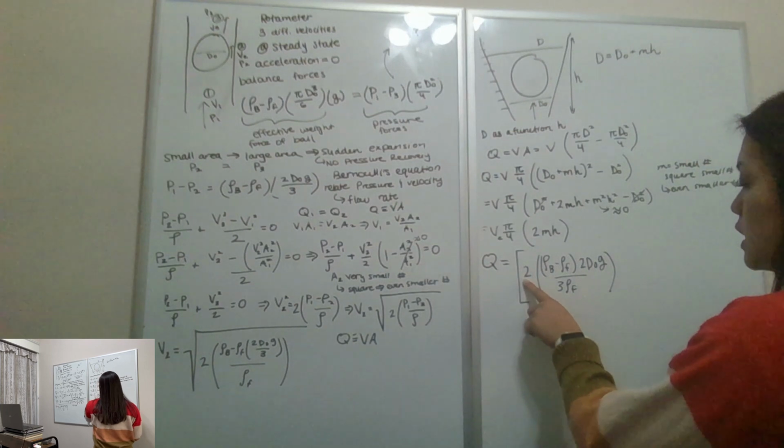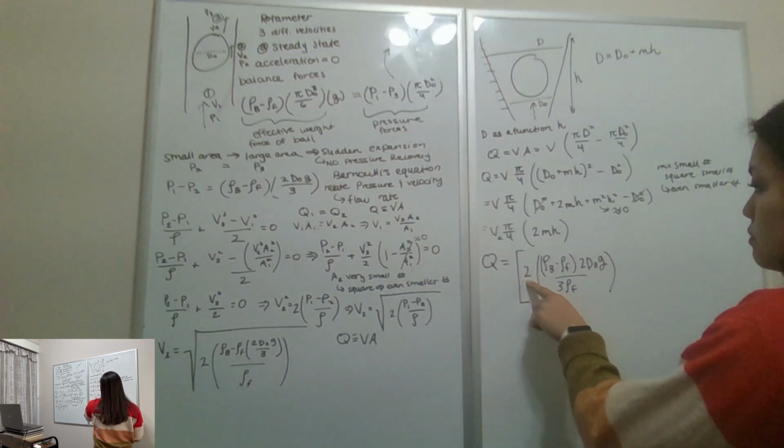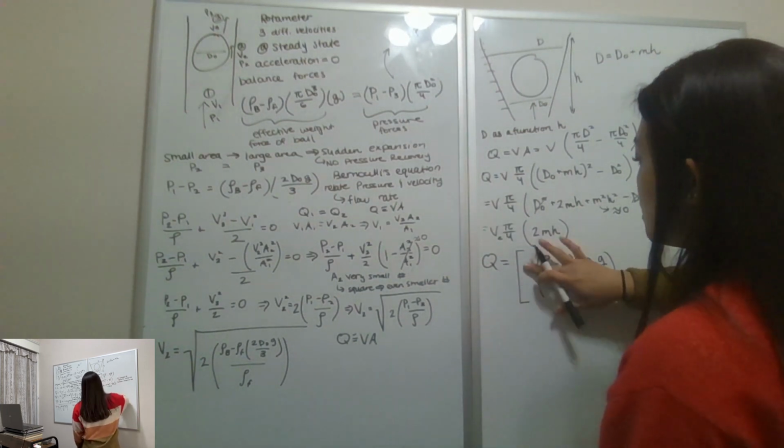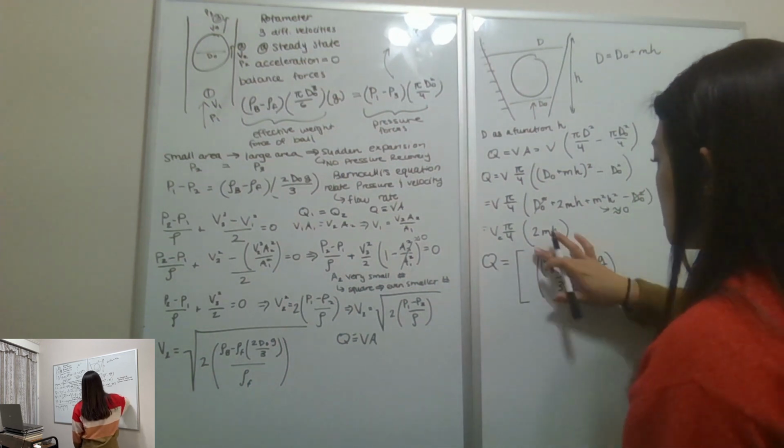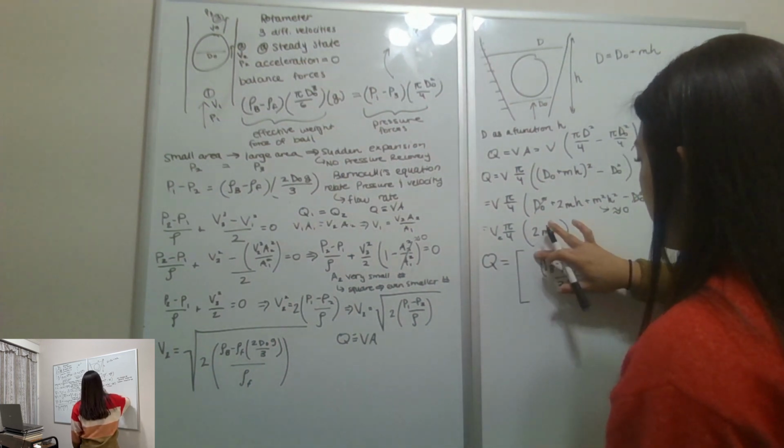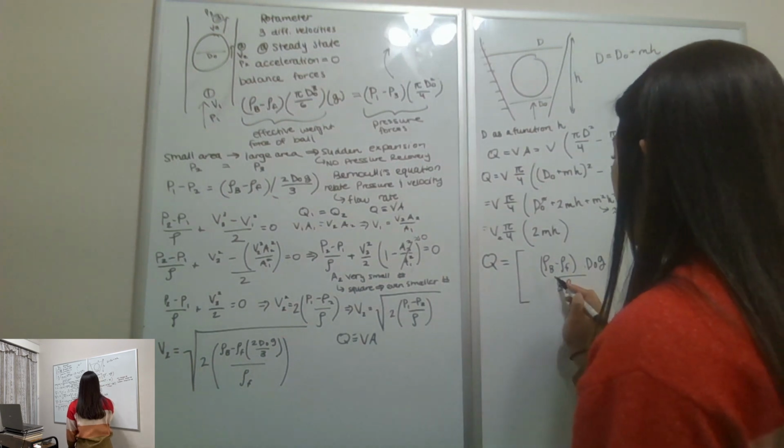We can actually multiply this 2 here into the equation. So 2 times 2 is going to give us 4. So we'll have 4 in the numerator.